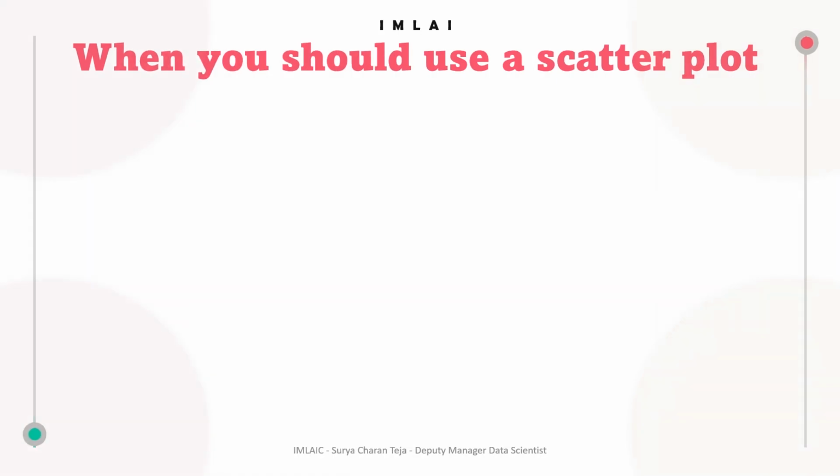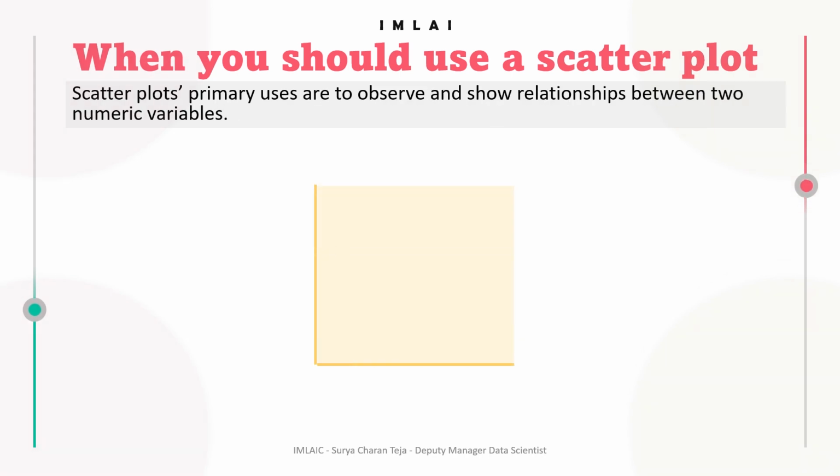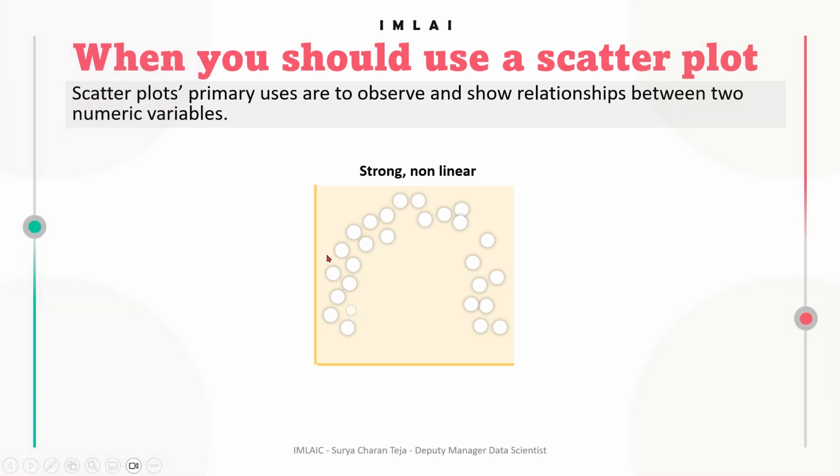And the next one: so far we have seen the linear ones, so now we'll be looking at the non-linear one also. Non-linear ones, we will get to know based on the shape, and whether they are strong or moderate you can understand by looking at the data, by looking at how closely they are packed.